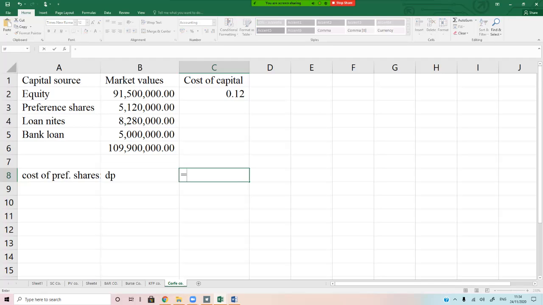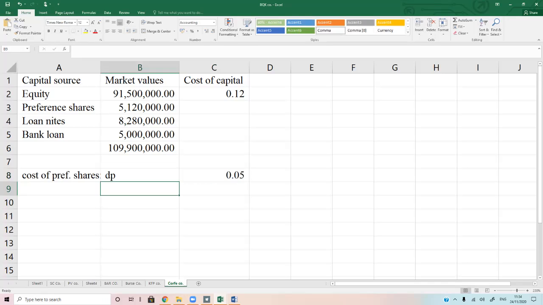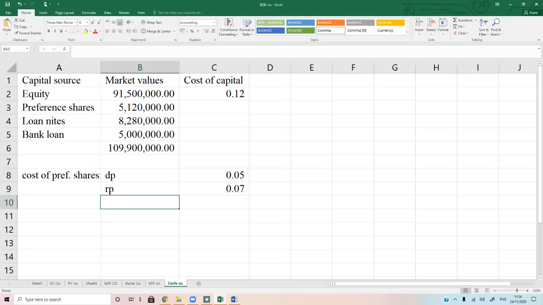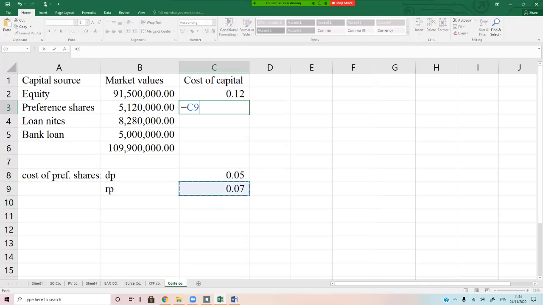The company is paying dividend at a rate of 6%, so 6% multiplied by the nominal value, 0.75. The cost of preference share is equal to the dividend divided by the market value. The market value is 64 cents, 0.64, and therefore we get 7%. So the cost of preference share, from the working we have just done, is 7%.